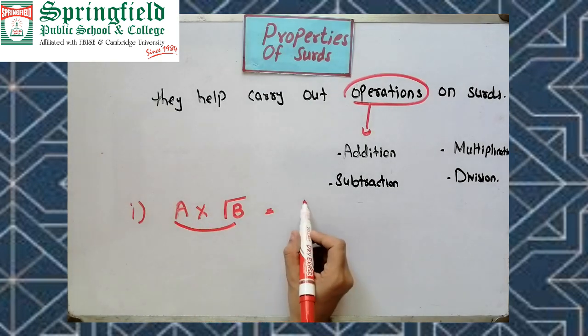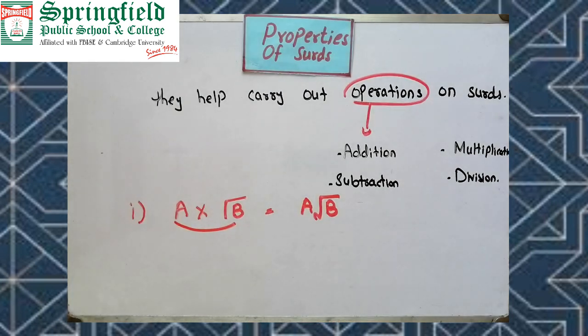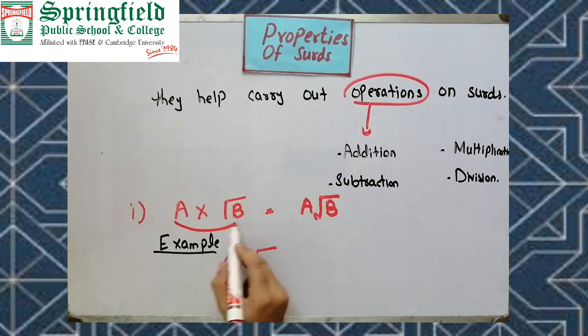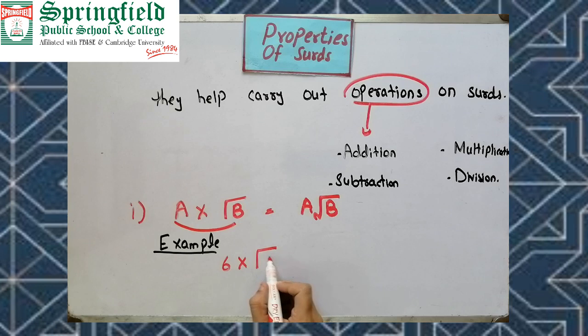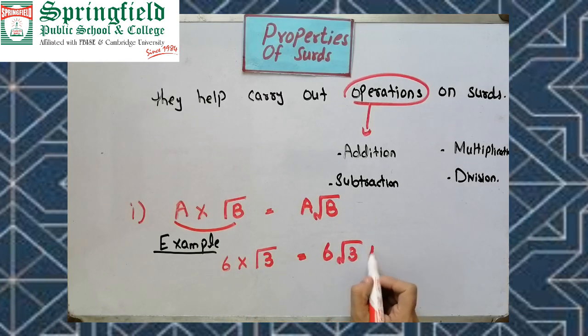It will become A under root B. Example: let a number be 6 multiplied by the third number, let the third number be 3. So what will be the answer? 6 multiplied by under root 3 will become 6 under root 3. This is your final answer.